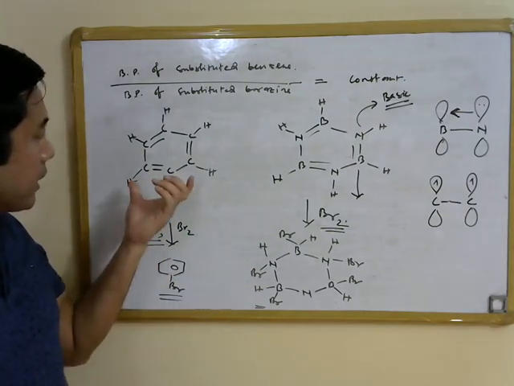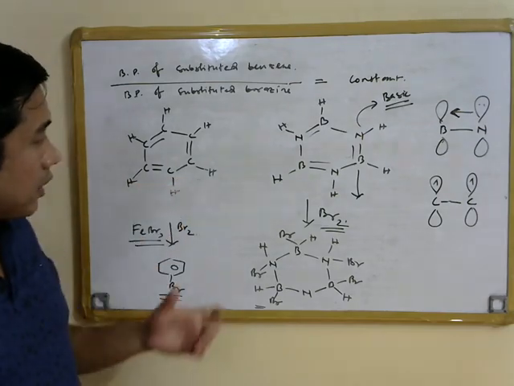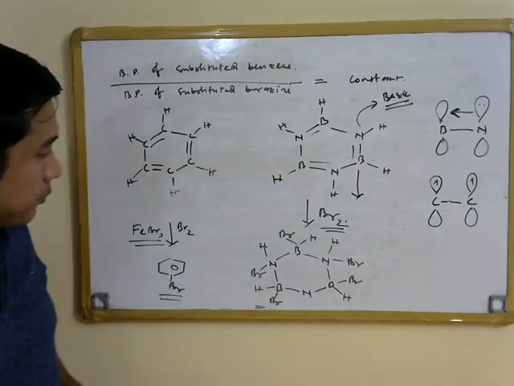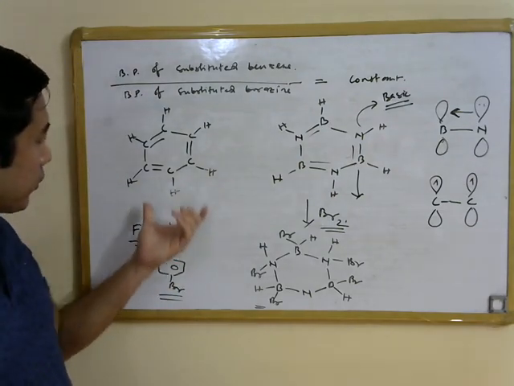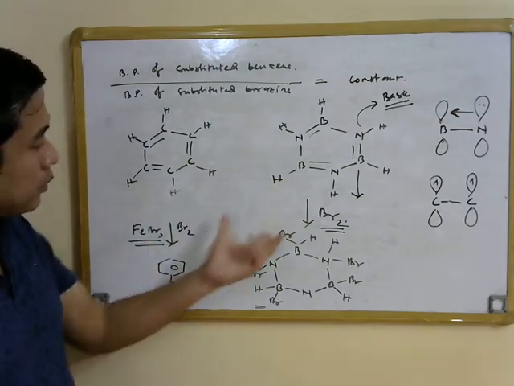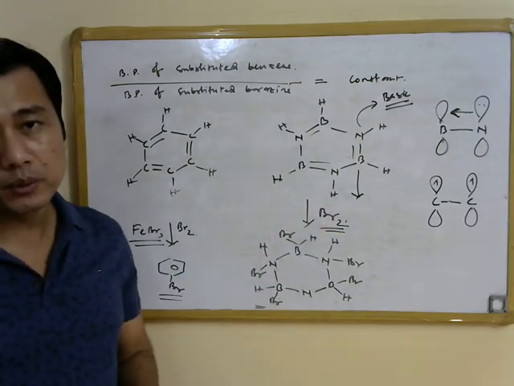That is why benzene does not undergo addition reaction, while Borazine can undergo addition reaction. And we have seen that while benzene undergoes electrophilic substitution reaction with Br2, Borazine undergoes addition reaction with Br2.